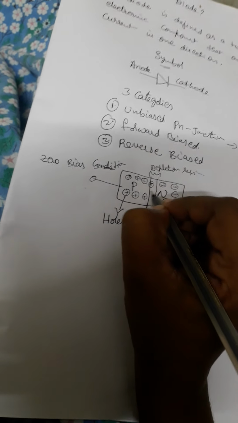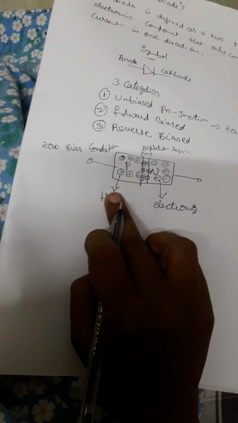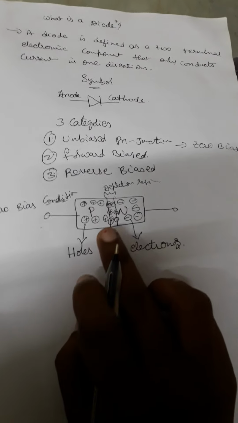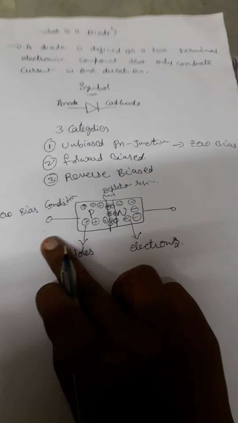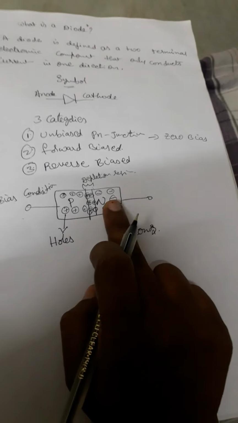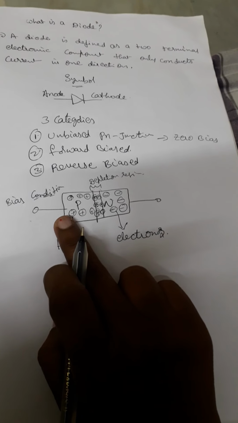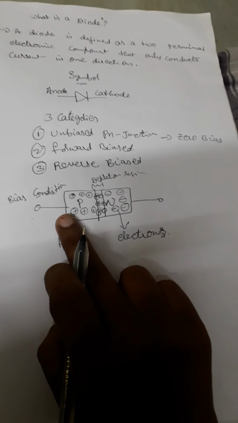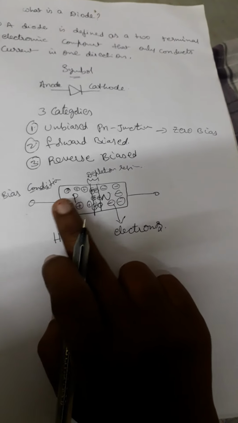This is the zero biased condition. No external voltage is applied to the PN junction diode, and therefore the electrons diffuse to the P side, and simultaneously holes diffuse towards the N side through the junction, and then combine with each other.